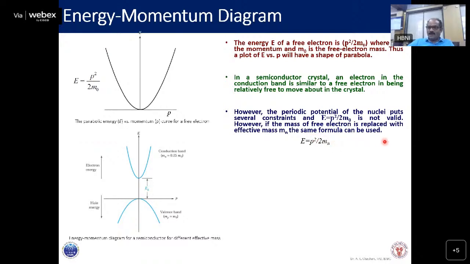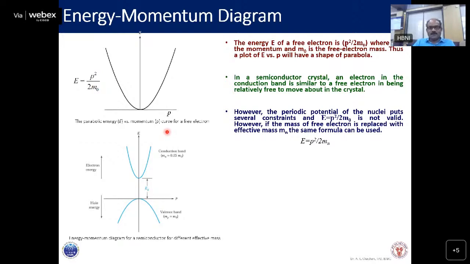So in order to make this energy momentum equation valid, we play with it a little smartly: we replace the mass m with the effective mass. If it was a free electron, it was different.